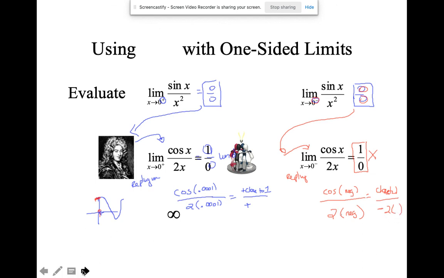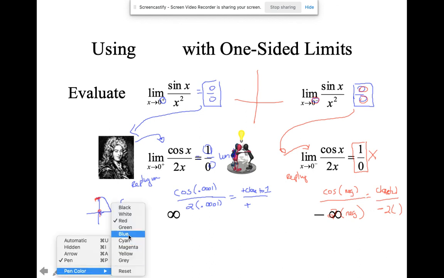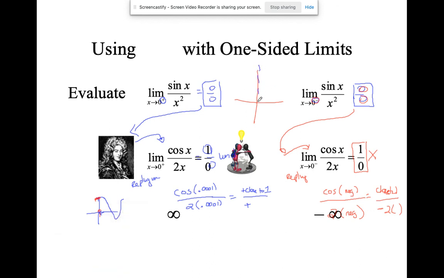So where's that going? Negative infinity. So what that means is this graph, whatever it looks like, has a vertical asymptote at 0. From the right, it swooshes up, and from the left, it swooshes down.